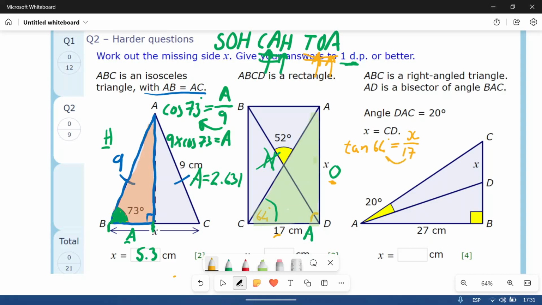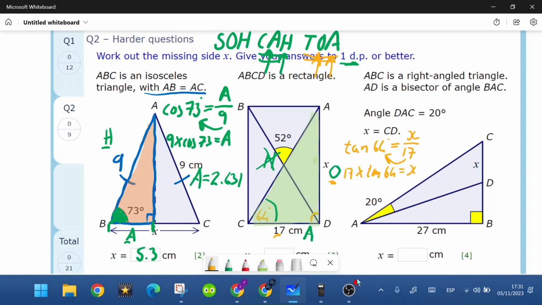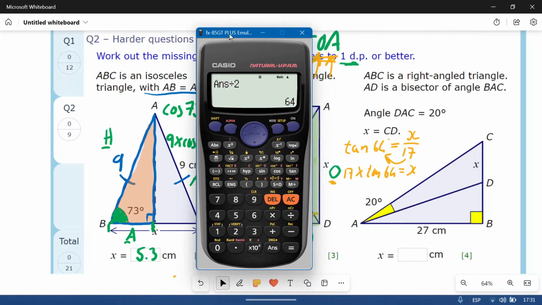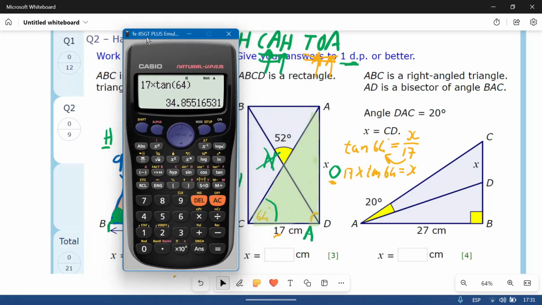So again, we just need to move it to the other side, so it's 17 times tan 64, that will give us x. So let's get that calculator out. We're going to do 17 times tan 64, close bracket, 34.855, rounded to one decimal place, 34.9.